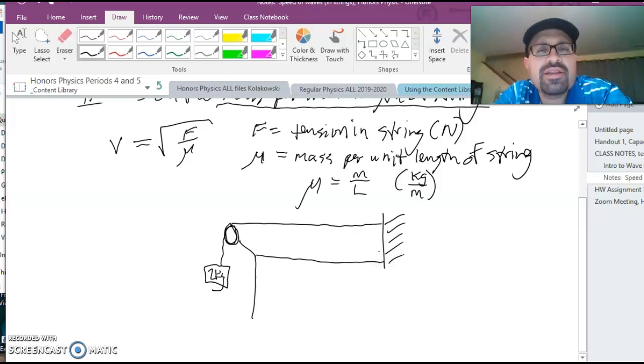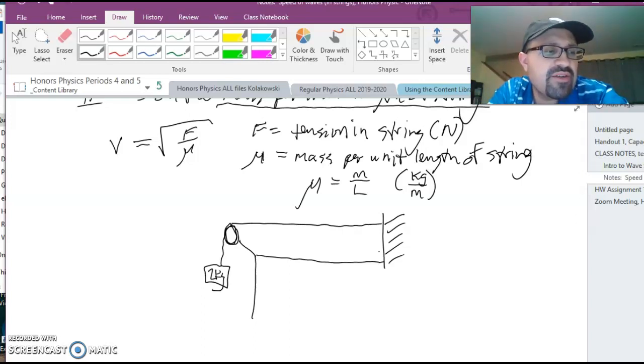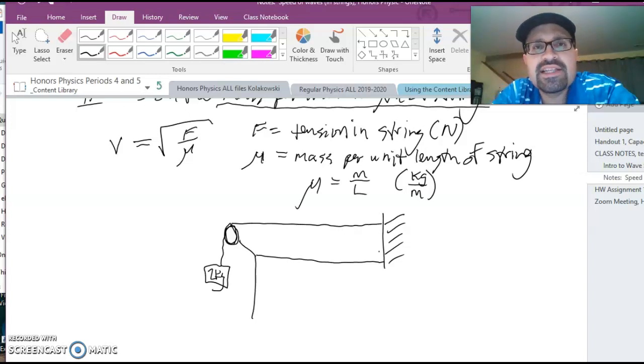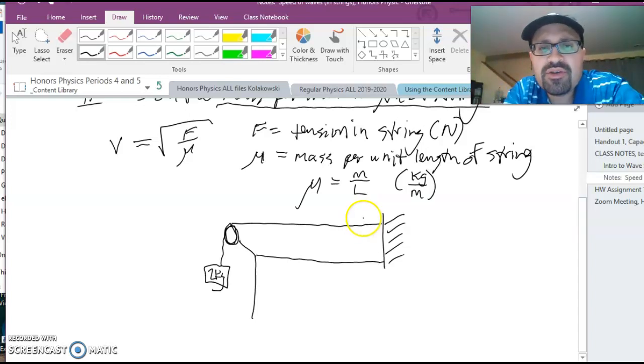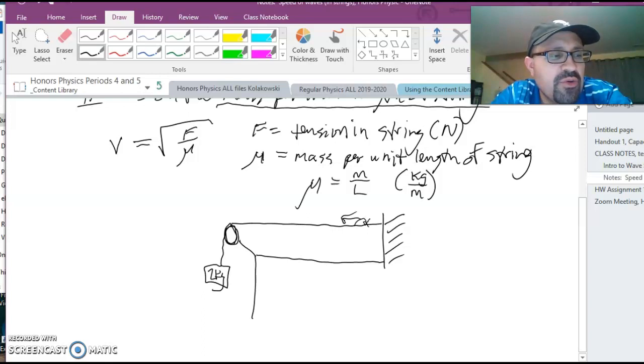The ultimate goal of this problem is to find out the speed of a pulse on the string. So maybe you pluck it here, and a wave propagates. This is a terrible picture, but the wave propagates through the string, and we want to know what is the speed of a pulse on this string.